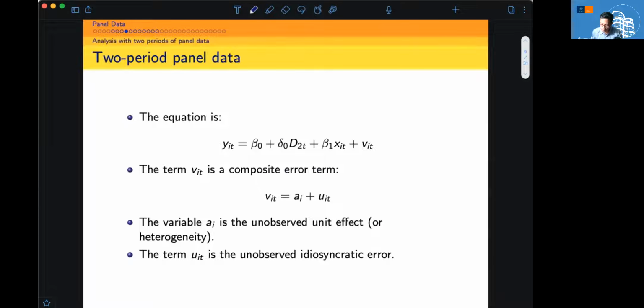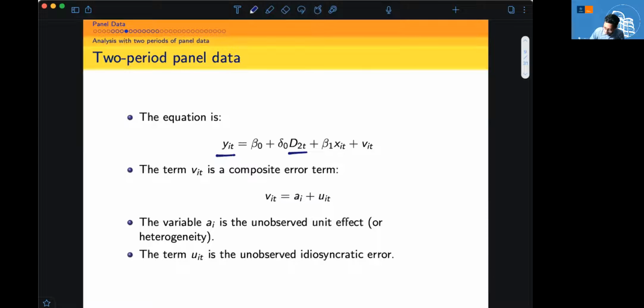Okay, so let's write the 2-period panel data. We're going to have the outcome variable of entity i at period t, and then we're also going to have a time dummy. Sometimes this is referred to as the time dummy, sometimes it's also referred to as the time fixed effect.